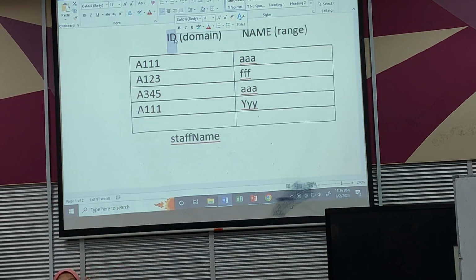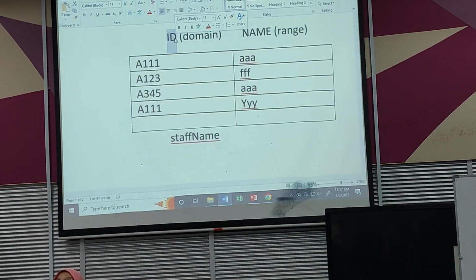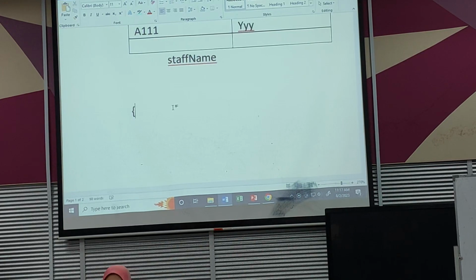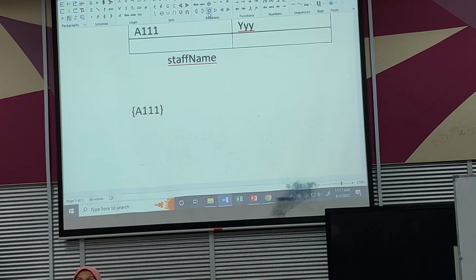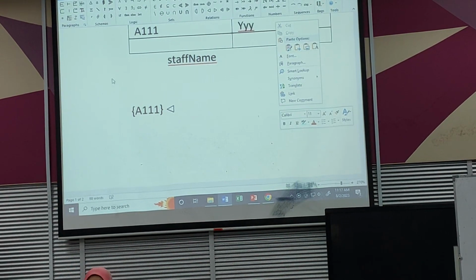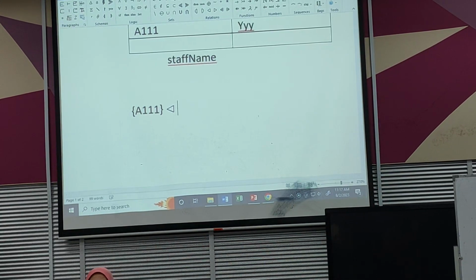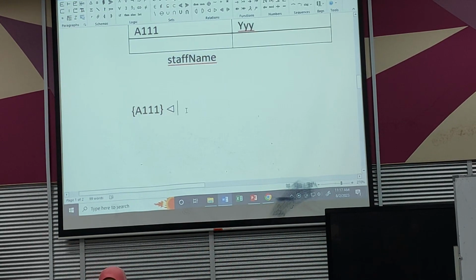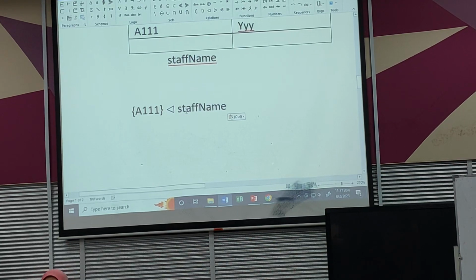So how to do that? You put A111 inside curly braces, because this is the one I want to search, then domain restriction, and then my variable, which I don't need to list down, so I use the variable staff name here.